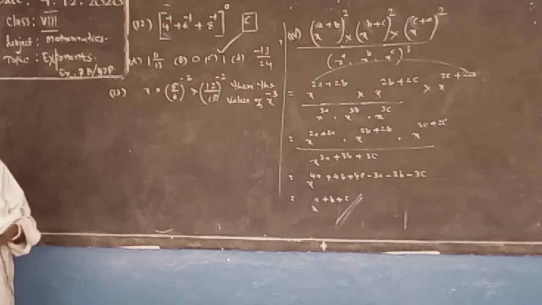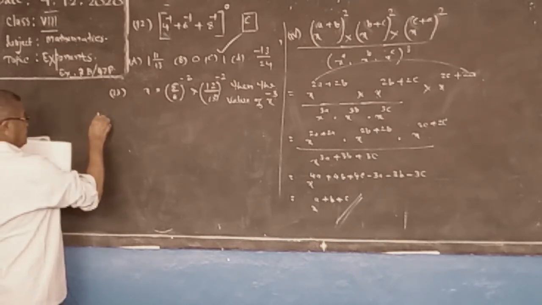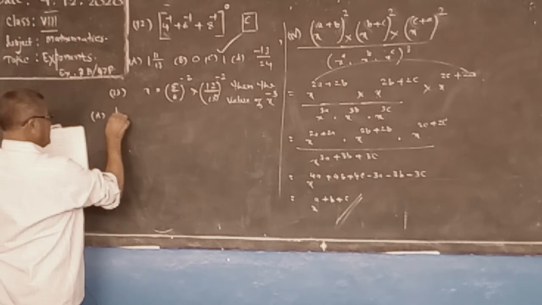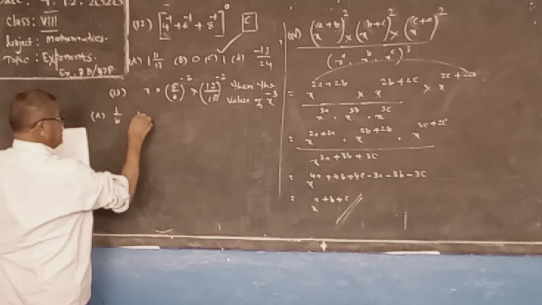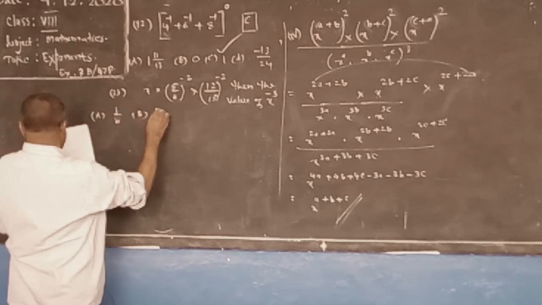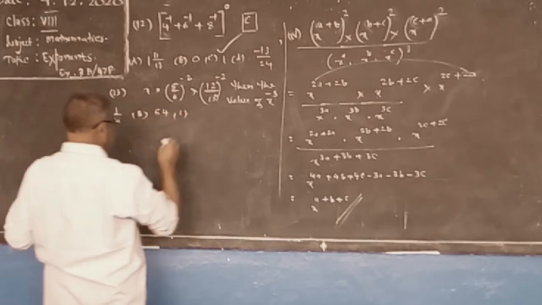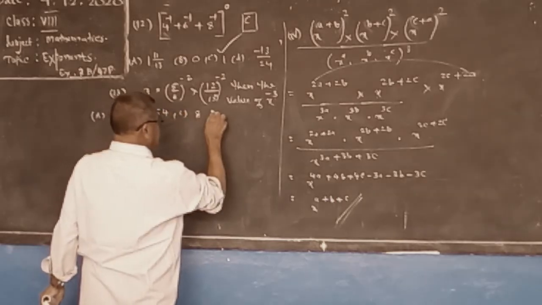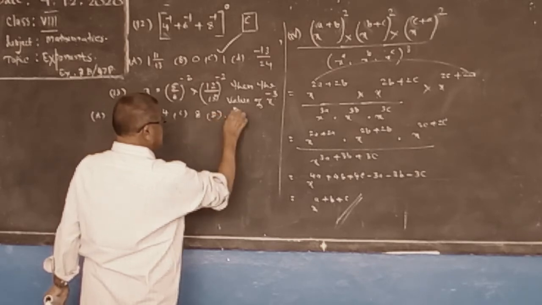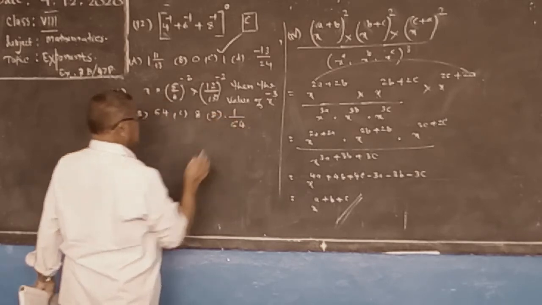The answers given: A 1 by 8, B 64, C 8, and D 1 by 64. Let us simplify.